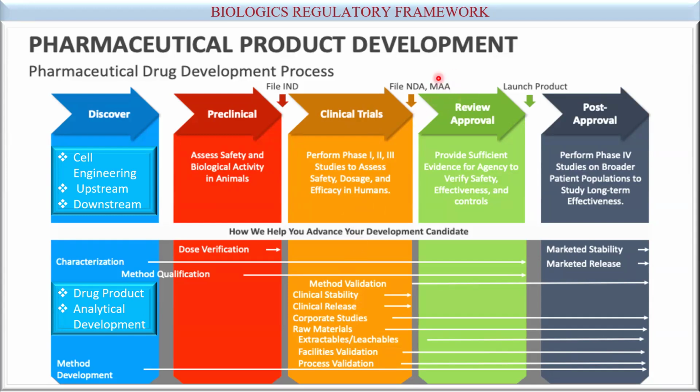Before marketing authorization, they will come for the planned GMP inspection, and that will also be completed. Once this is approved, we'll go for commercial manufacturing, so we'll get direct approval for the commercial product.